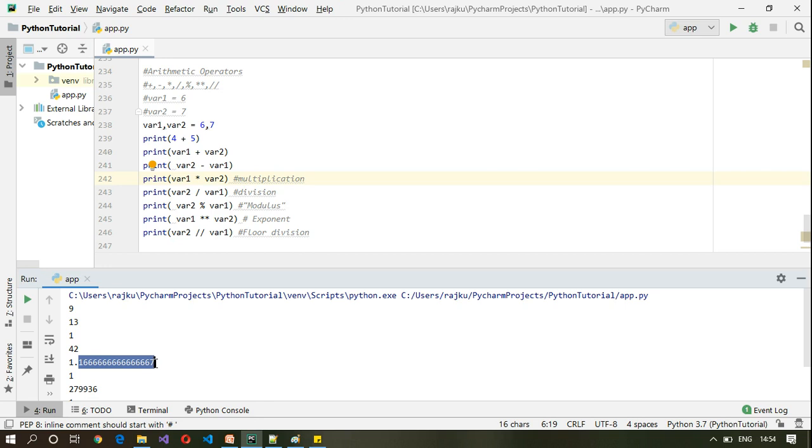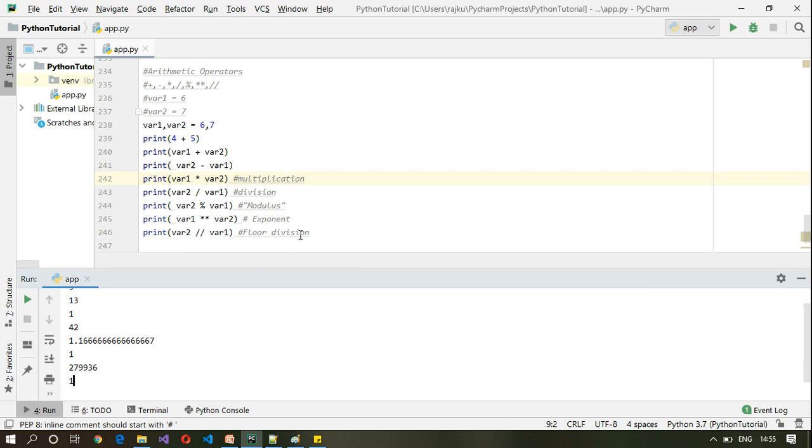So this is the decimal part and this is the absolute part. So that is the value which we get from division. However, the modulus operator will give you the remainder. So 7 divided by 6 and the remainder is 1. So that is what we got here.